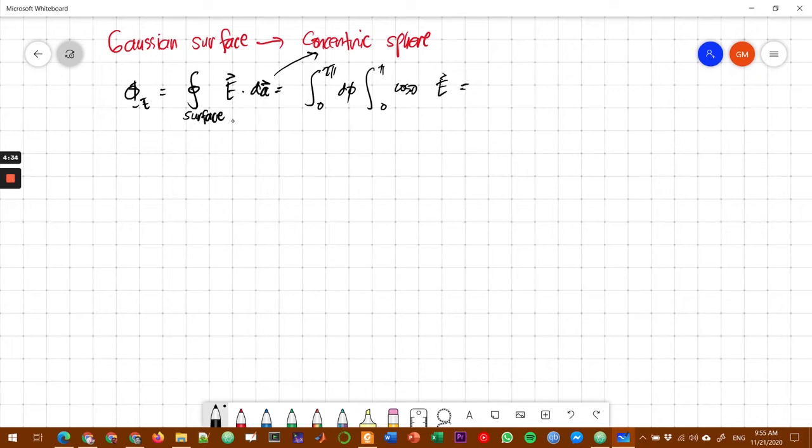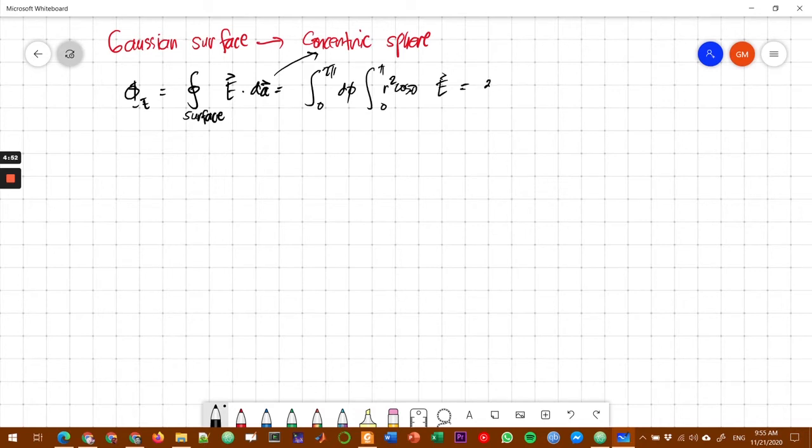If you integrate that, this is r squared cosine theta, where the limit of theta is from 0 to pi, and the limit of phi is 0 to 2 pi.